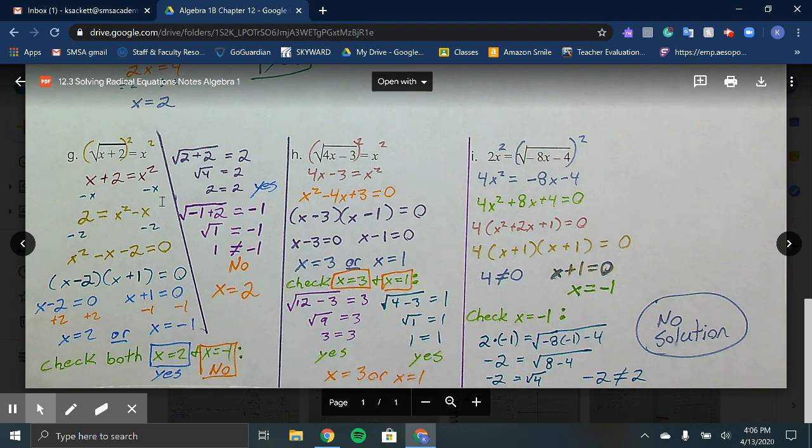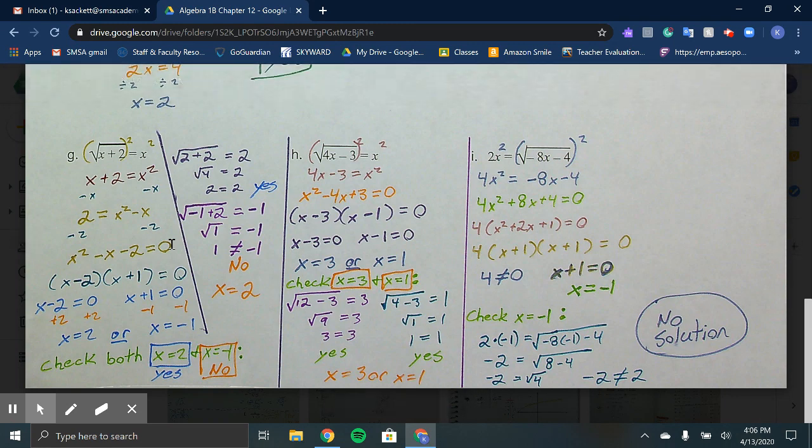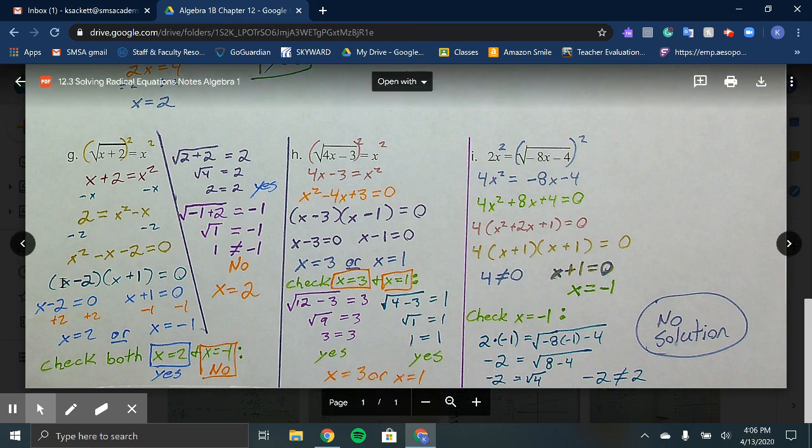So we'd subtract the x from both sides, subtract the 2, and we'd end up with x squared minus x minus 2 equals 0.